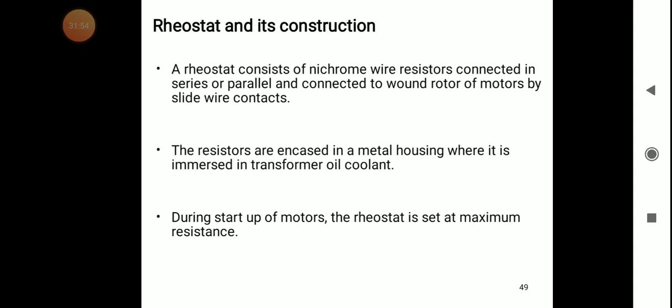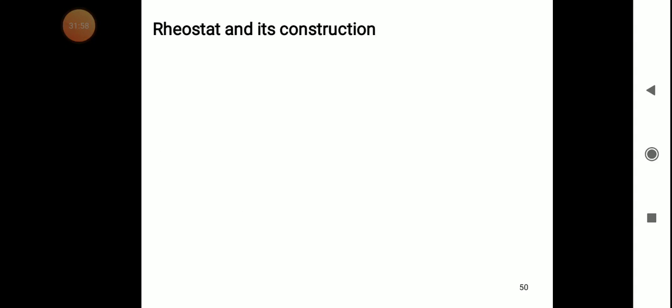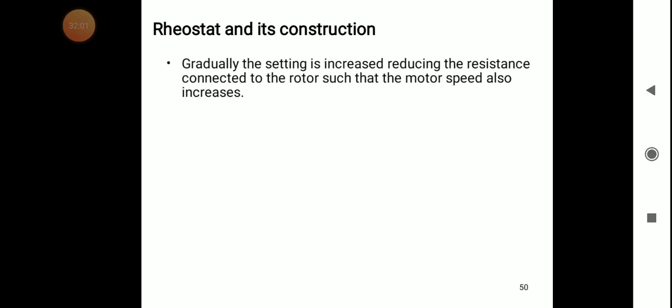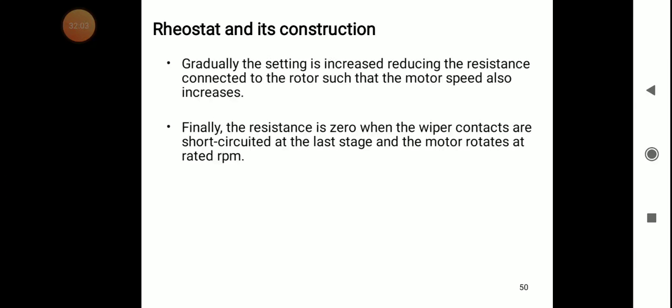During startup of motors, the rheostat is set at maximum resistance value. Gradually the setting is increased, reducing the resistance connected to the rotor such that the motor speed also increases.